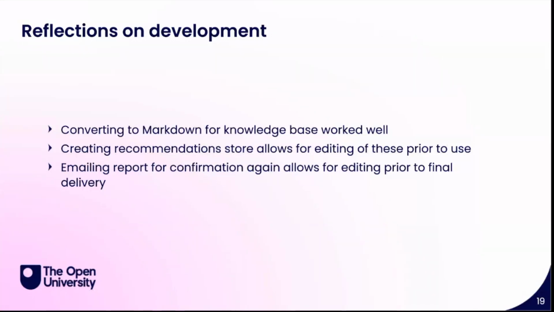In both storing the recommendations and emailing the report, these were methods that allowed us to review and potentially edit any of the content that the AI generated prior to giving it to the final consumer of it.